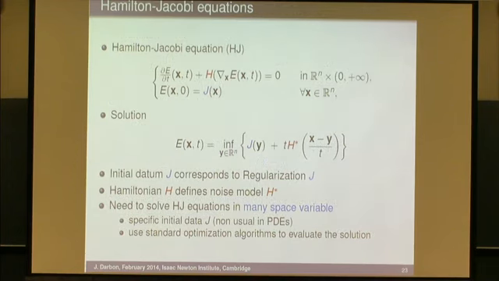So the thing is, you only need to observe that the solution of the Hamilton-Jacobi equation is exactly the quantity of my image processing problem. It's a simple observation. What you do is the prior becomes the initial datum of Hamilton-Jacobi, and then the data fidelity defines the Hamiltonian.